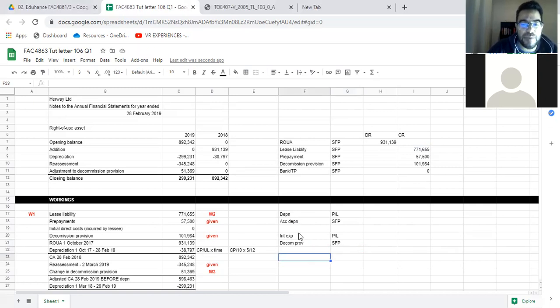Then for the lease liability, we're going to make a payment. So we're going to say Credit Bank, and then it's going to go to lease liability. Lease liability is the balancing figure, which could either be a debit or a credit, and then interest expense. So here we have P&L, here we would have SFP, here you have SFP.